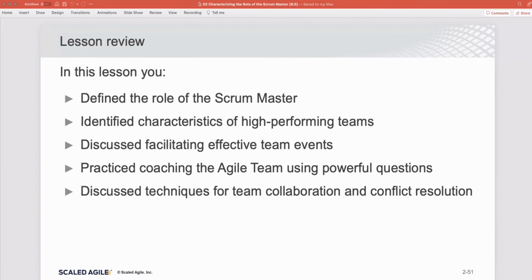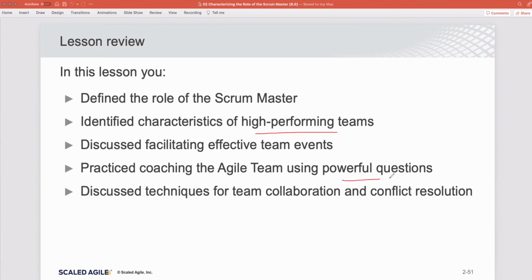All right, great. So that brings us to the end of this lesson. So in lesson 2, we talked about what makes an effective Scrum Master, the responsibilities of a Scrum Master, collaborating within the team, outside of the team, facilitating team events, the stages of a high-performing team. Does anybody remember how many stages of a high-performing team? 4. 4 stages, right? 4 stages of that high-performing team.